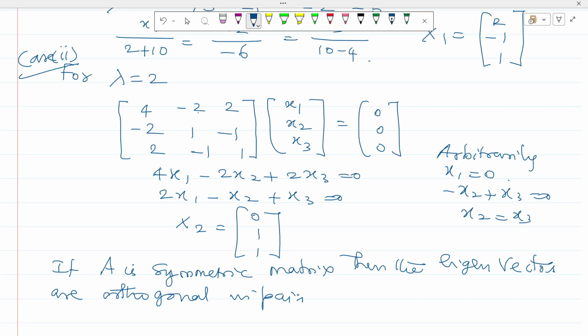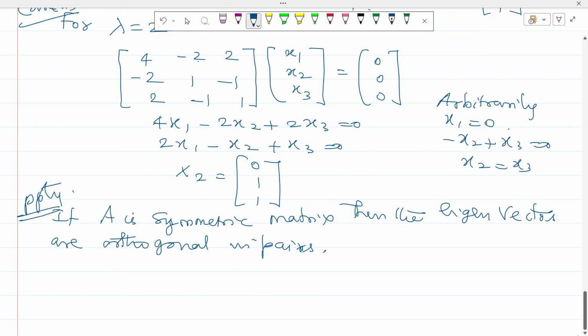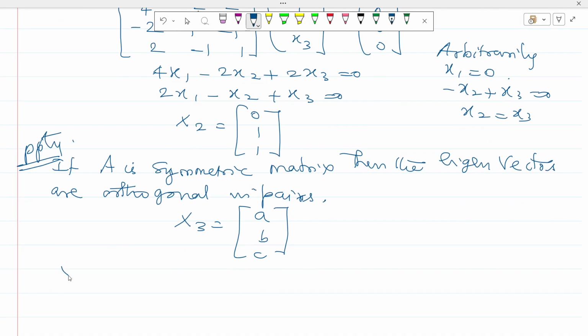So using this property, we can take x3 equal to A, B, C. Then we can use this property: x1 transpose x2, x2 transpose x3, x3 transpose x1 equal to 0.